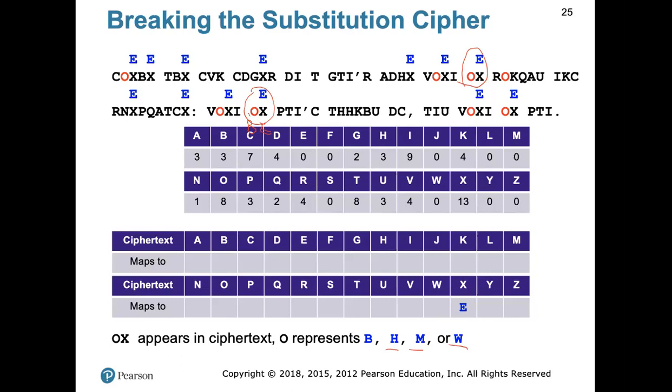If we look, O has repeated in our text 8 times, which is not that low, it's pretty good. So O should be something which repeats many times in basic English. Again, let's look at this chart.